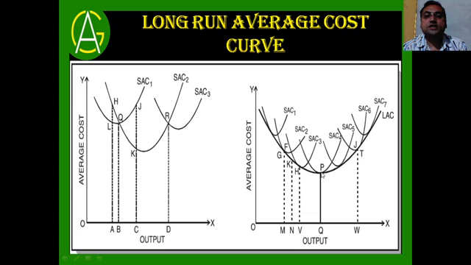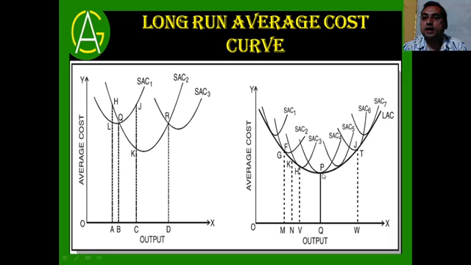Average cost is minimum here and short run average cost is also minimum here. So this point is known as point of full capacity utilization or efficient scale of output or optimum point. So optimum point is point P, where long run minimum and short run minimum are tangent. So this is what you need to remember.